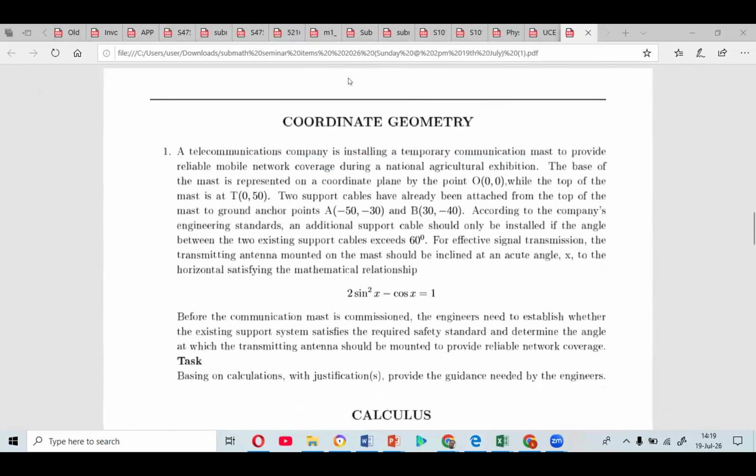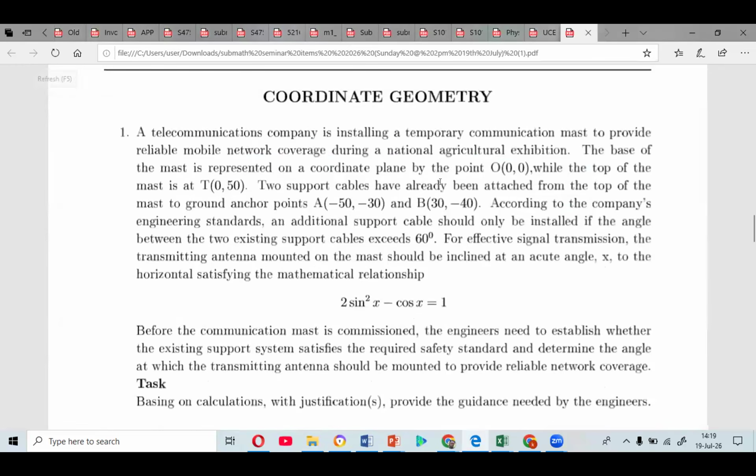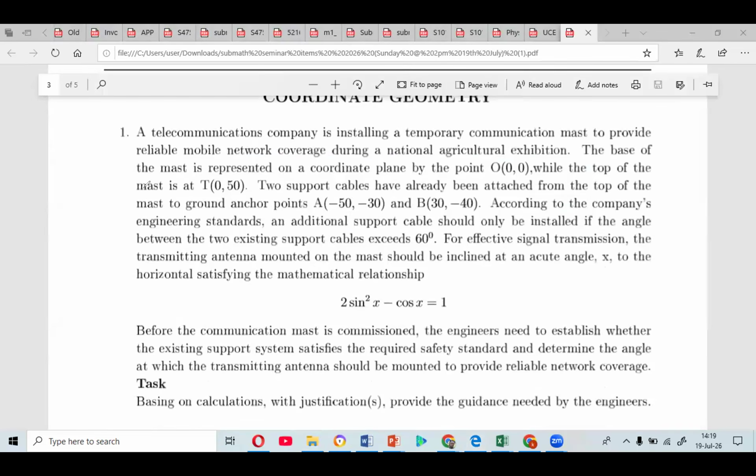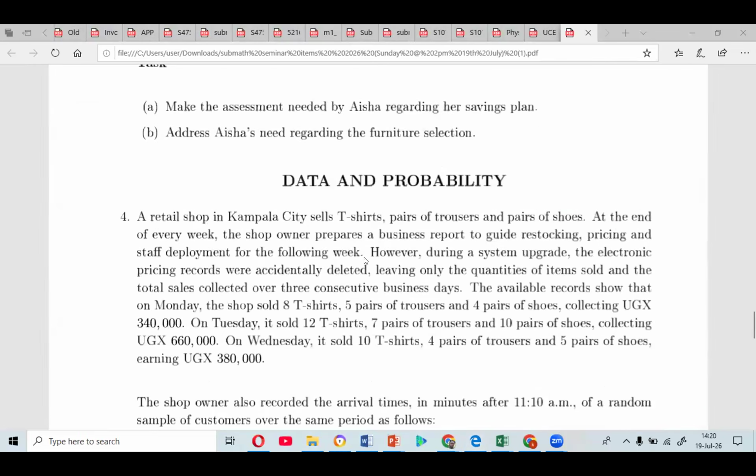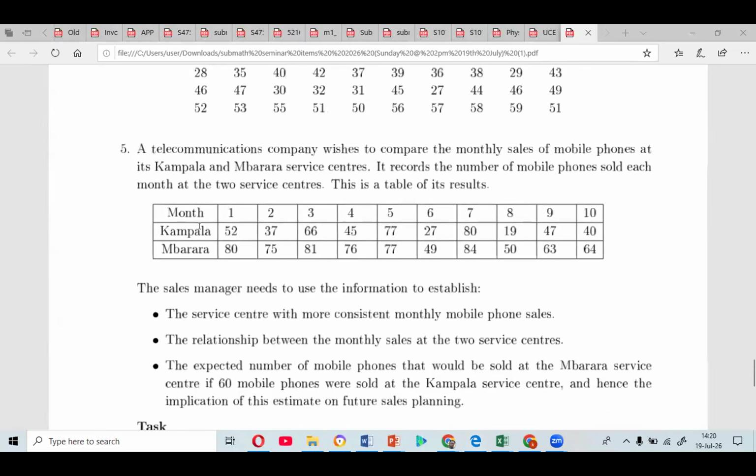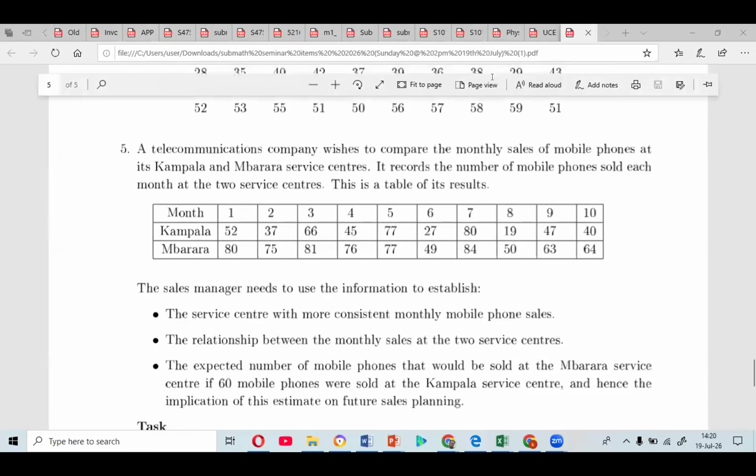I want also to let you know that there are a few statements that we added on two of the items. One of them was one of the things that we added. Hope you saw it. And also we missed out Mbarara on number 5. But the rest of the items are okay.